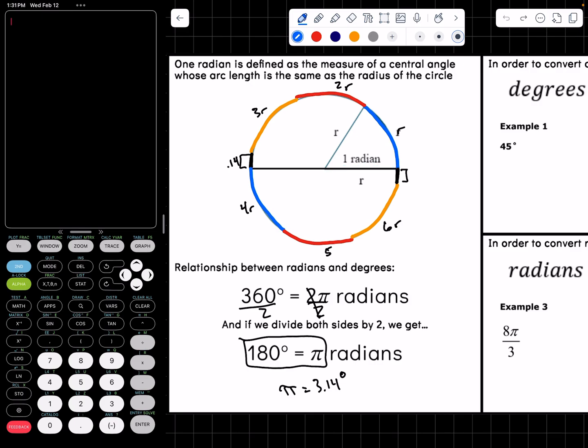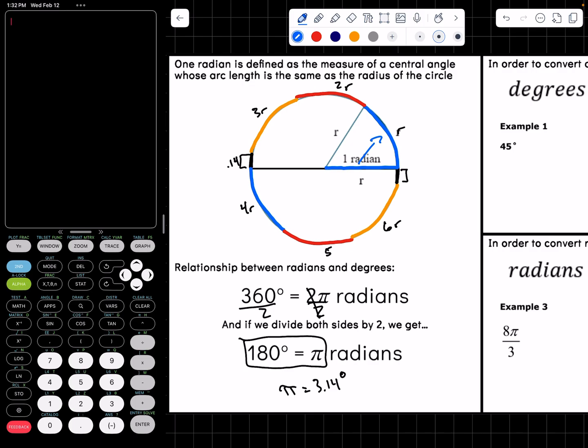If I had a cooked piece of spaghetti, not a firm piece, and I removed it from the radius and transferred it to the arc and laid it on top, it would land where that blue arc is. And then we could duplicate that around the circle to get our 3.14 radians going halfway around the circle, and then going all the way around the circle, getting to 2 pi radians.